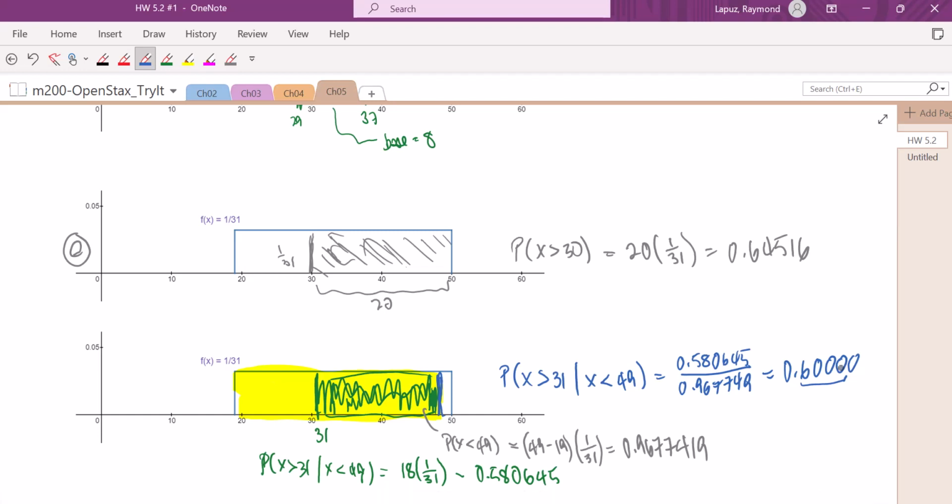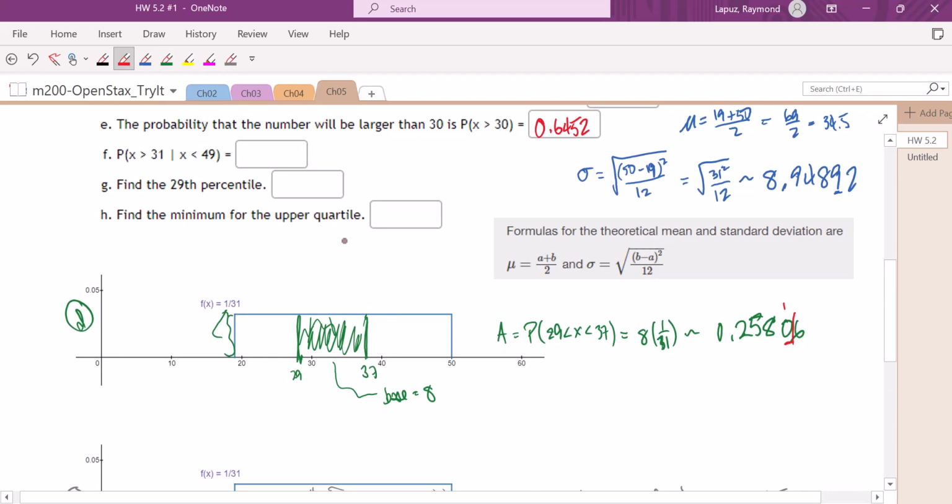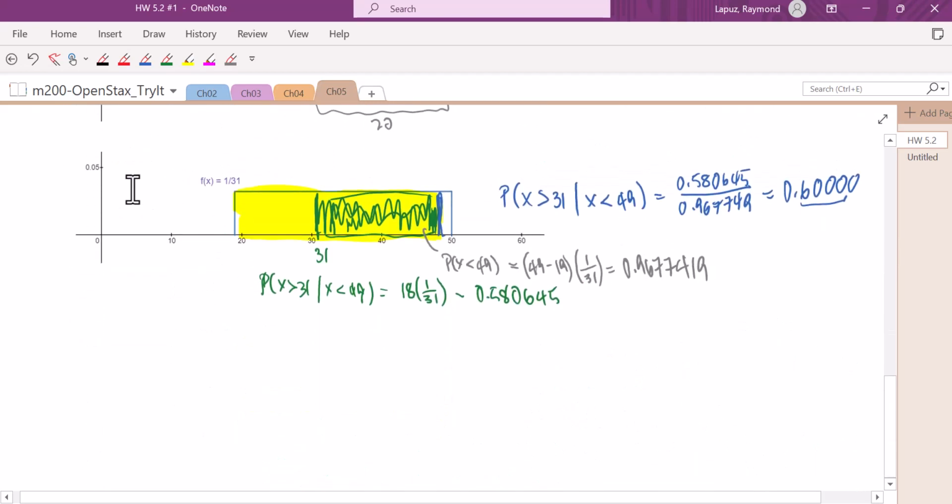All right, so that's the value that we will put in, 0.6.